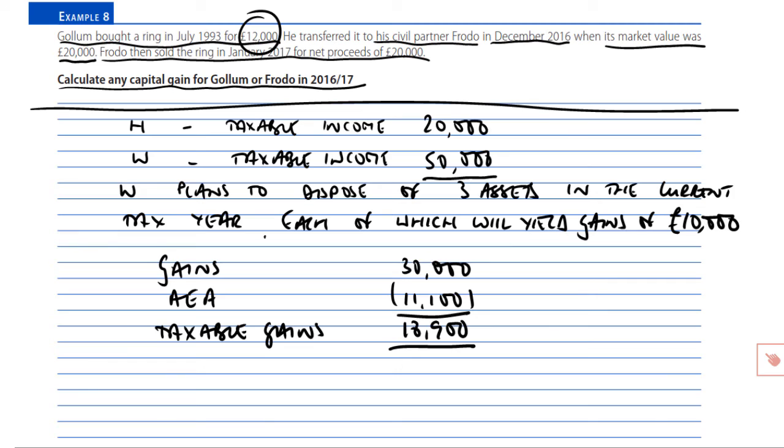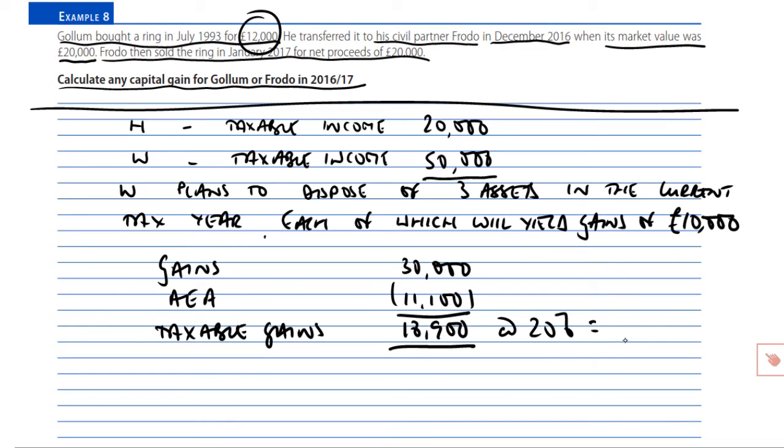Assuming that the gains we're talking about here are not on residential property, nor on assets qualifying for entrepreneurs' relief, those taxable gains will be taxed at the higher of the 2 rates. It's 20%. So 18,900 taxed at 20%.